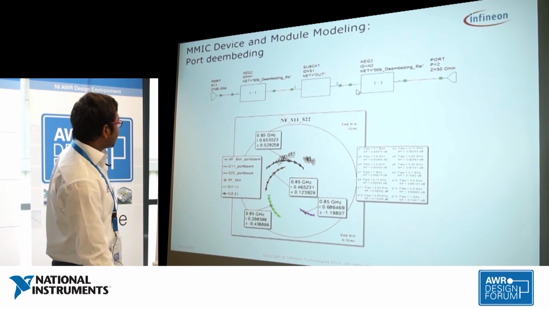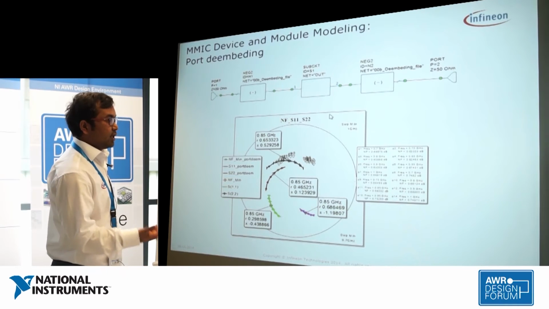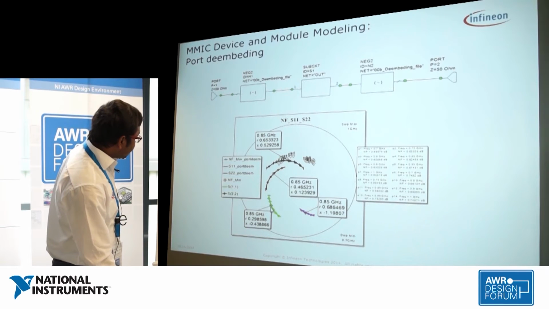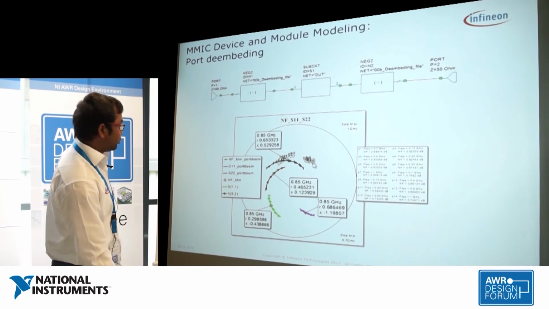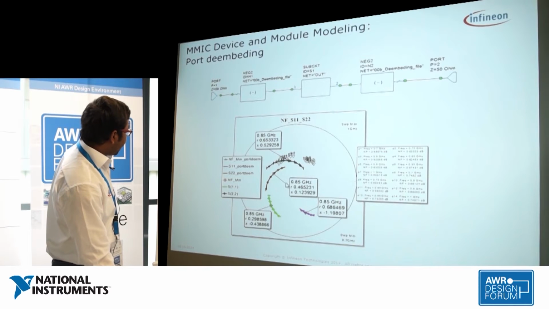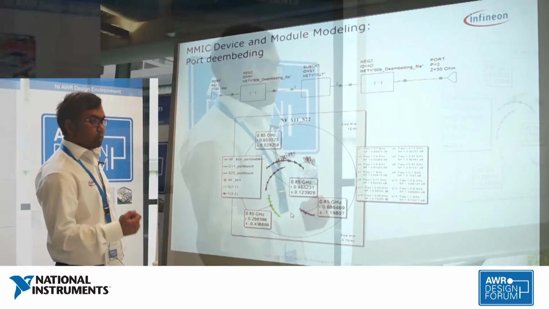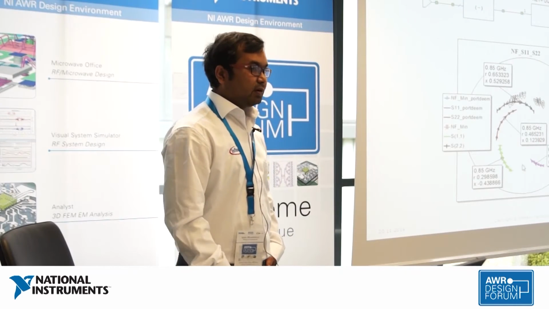After subtraction we get the device level S parameters and also the gamma out results. I plotted a small picture. You can see this is before de-embedding and after de-embedding they are quite close, and these two curves are also before and after de-embedding. So now we have the model of our device.